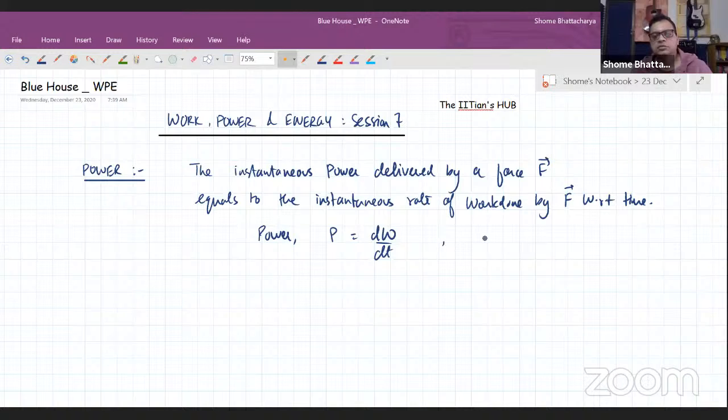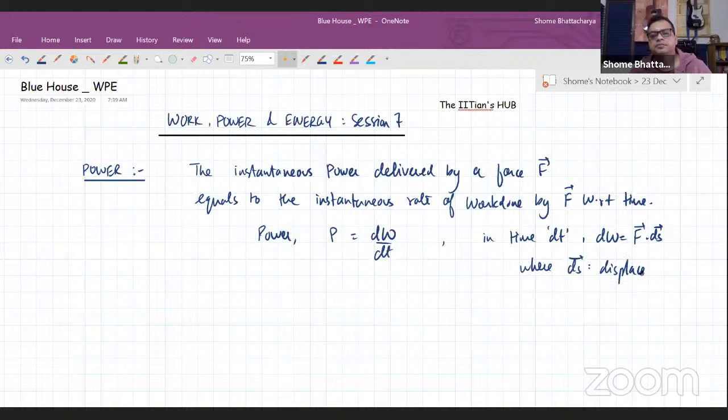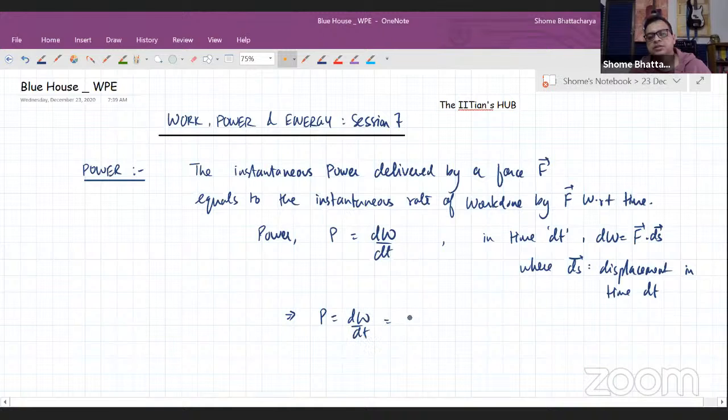Okay. Now, in time dt, the work done by that force is F dot ds, where ds is the displacement in the time interval dt. Hence, this can also be defined as F dot ds by dt.